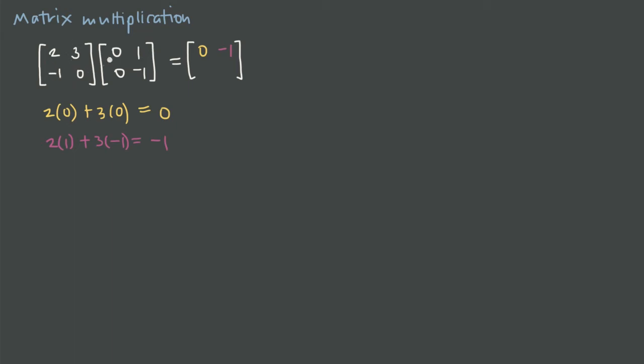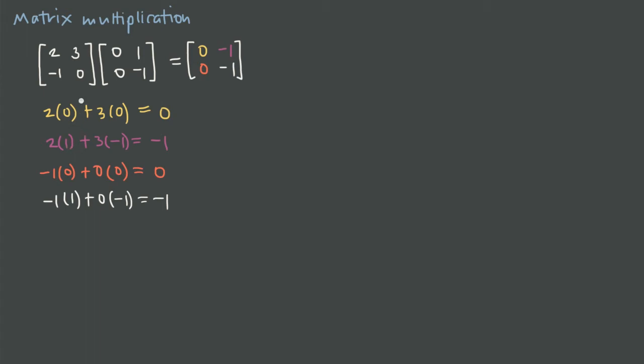So we take the second row multiplied by the first column, so -1 times 0 plus 0 times 0, and the result there is 0, and that entry goes in the 2, 1 position. And then finally, we take the second row by the second column, and we get -1 times 1 plus 0 times -1, and we get -1, and that goes in the 2, 2 position.